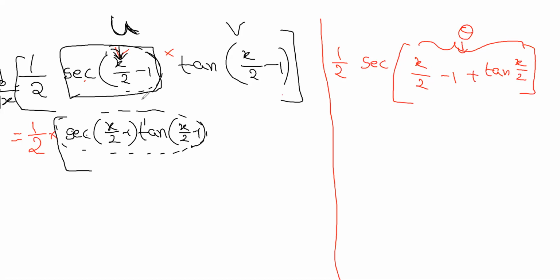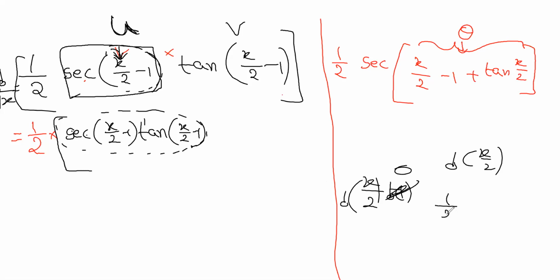What is differentiation of x by 2 minus 1? One. So is it just one? X by 2 minus 1. Differentiation of this, it becomes 0, leave it. Differentiation of x by 2, right? 1 by 2.